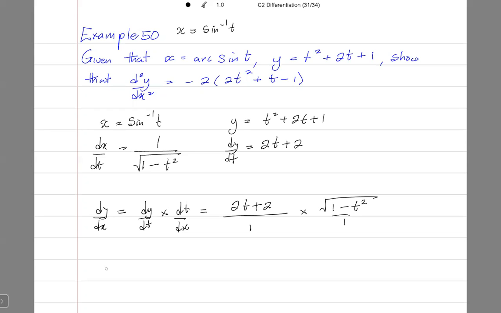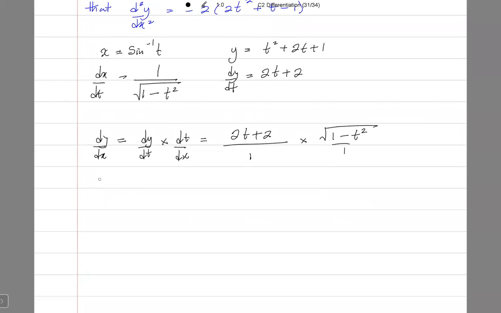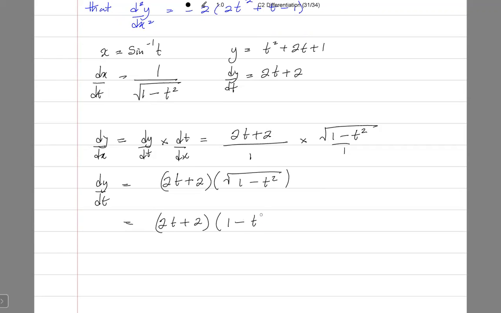So if we want, we can say dy by dx is equal to 2t plus 2 multiplied by the root of 1 minus t squared. So we could write this as, let's write it as 2t plus 2 multiplied by 1 minus t squared raised to the 1/2 power.